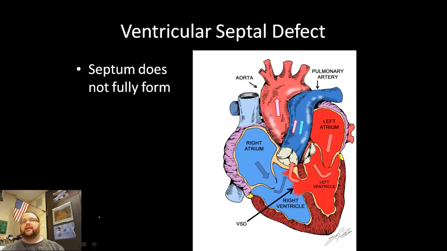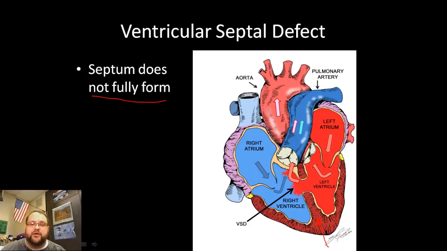Okay, and the last one I want to talk about very quickly is the ventricular septal defect. We have the septum right here, and we learned about that in video number 1. The septum divides these parts of the heart. It divides the two atria and it divides the two ventricles. But in a ventricular septal defect, this septum does not fully form.